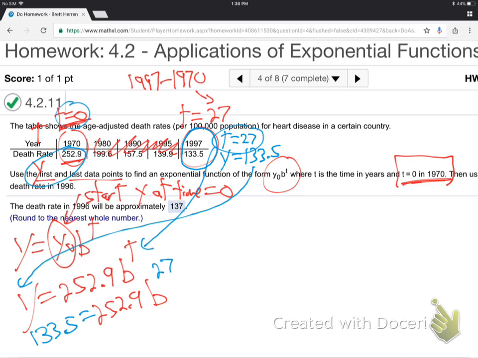Now we've only got one letter left. Now we can solve for B. All right, let's do it. So coming up here, we got 133.5 is 252.9 B to the 27. All right, so I want to solve that equation for B. Now, that's easier said than done. Do you remember how to solve these weird little equations? How do we solve there for B? What am I going to do?